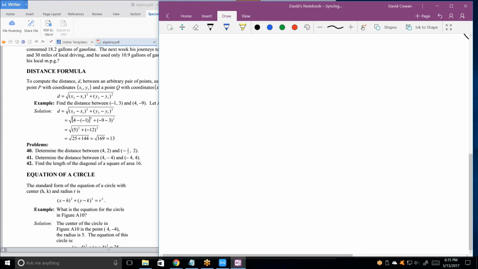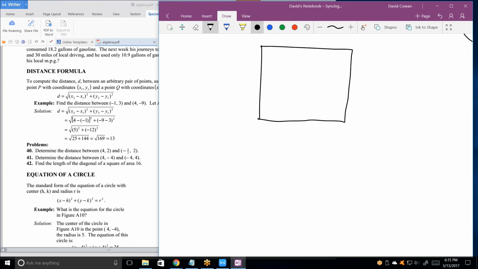All right, number 42. Find the length of a diagonal of a square with area 16. Well, if the area of that square is 16, what's one side of it equal to? 4.